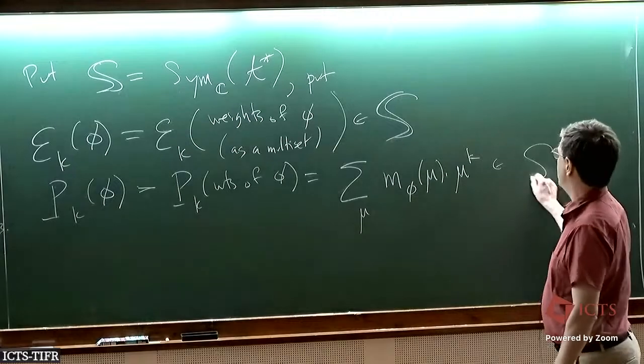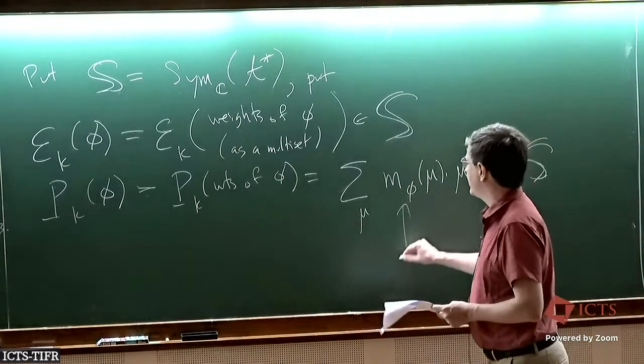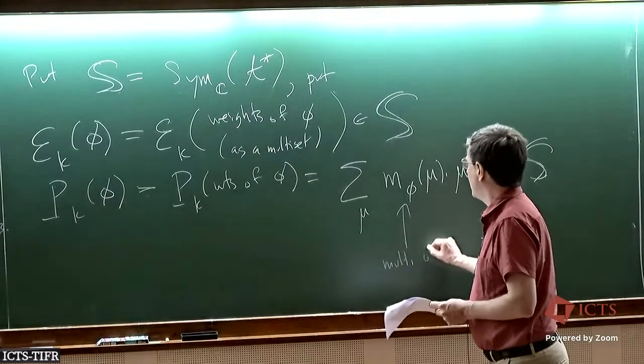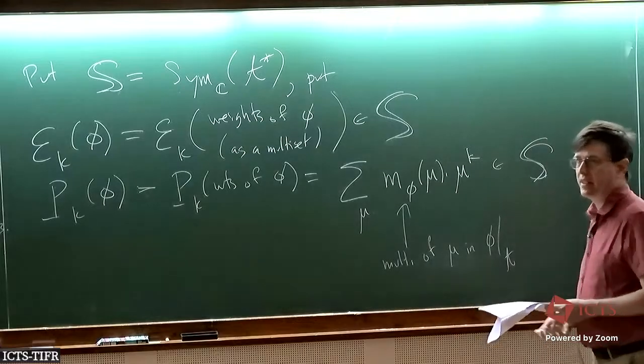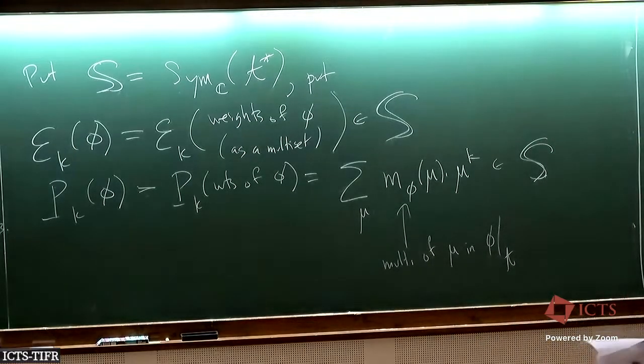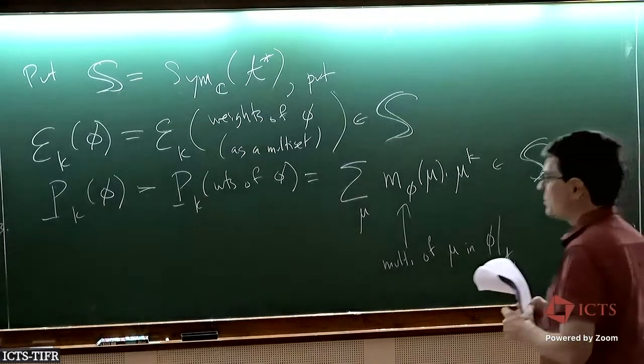This is again a member of S. This is the multiplicity of mu inside the restriction of phi to T. So the problem is to figure out nice formulas for this.